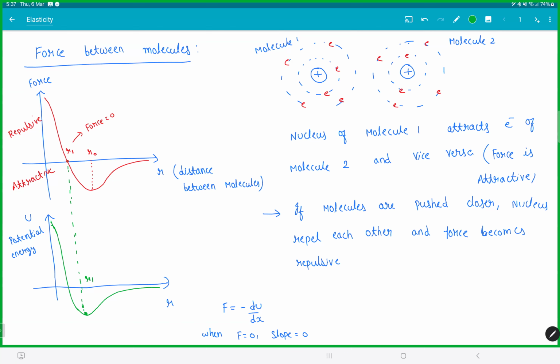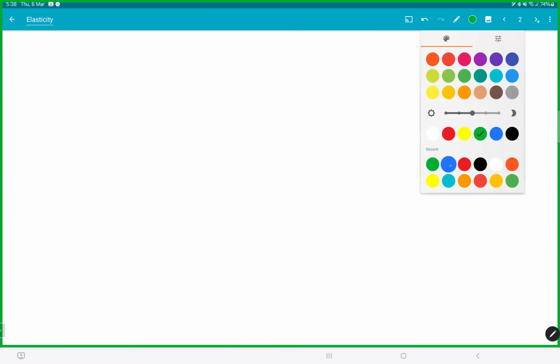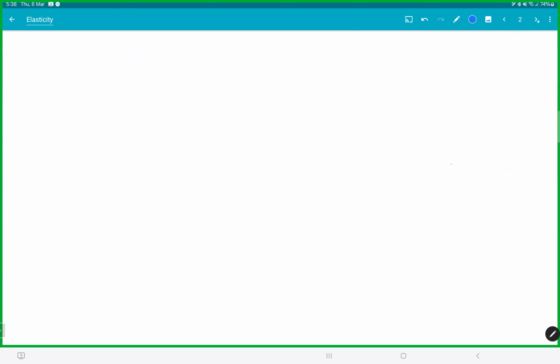So how does this exactly create a problem for us? When these bonds are formed, if you try to push them, so if you take a molecule in a lattice, now it is actually surrounded. There are two more molecules on the front and the back also.